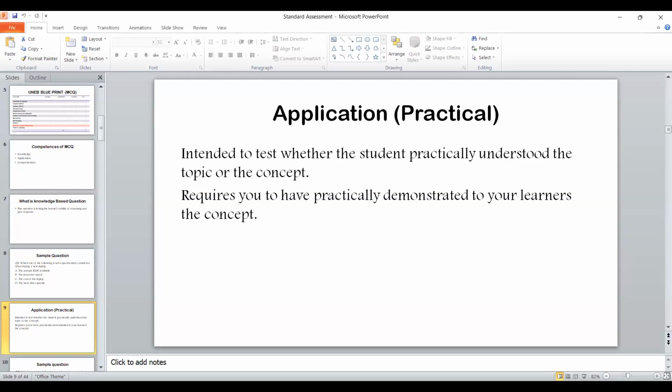You are talking about internet, you teach internet as if you are teaching Napoleon Bonaparte, yet internet is a practical topic. So when we talk about application practical, we are not talking about the applications we have, the Word, the Excel. No, the question is testing the learner's ability of applying the practical part of each topic.